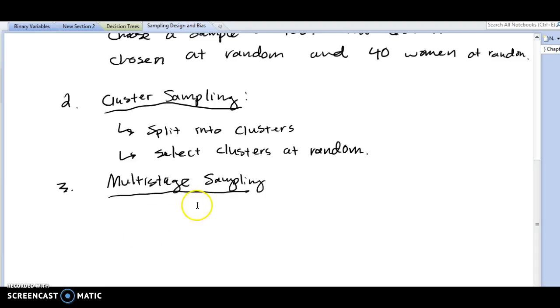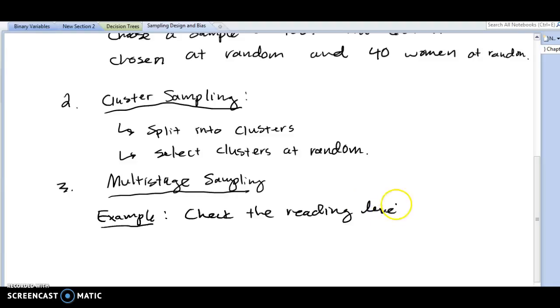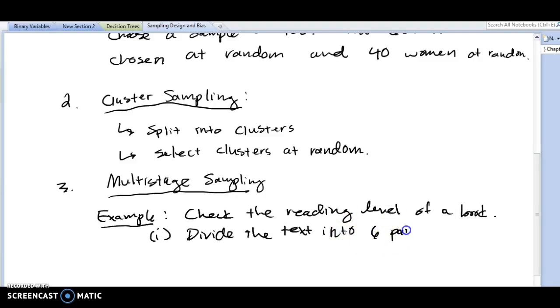So let's look at an example of that. That's going to involve both of these. Such an example might check the reading level of a book. First you might divide the text into 6 parts, possibly by difficulty.